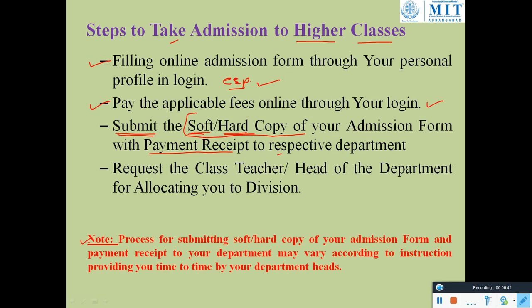So the admission form and the payment receipt, you need to submit. Once that happens, ask your class teacher or head of the department to allocate you to a division, so you will appear in the admission completion process. And again, the process of submitting the hard copy or soft copy will vary according to the instructions provided by your department head from time to time.